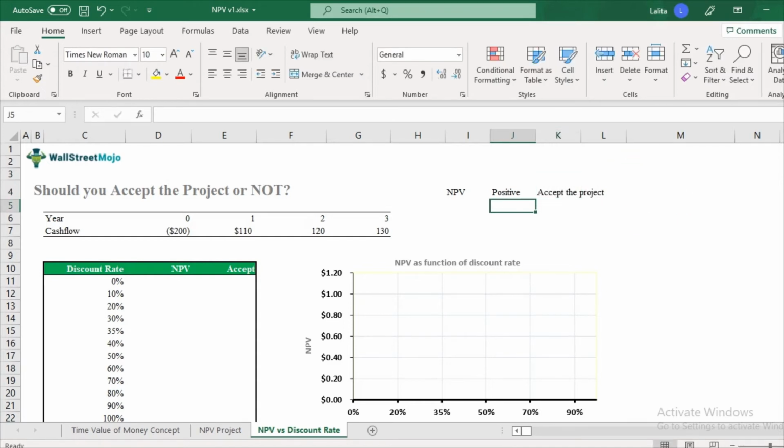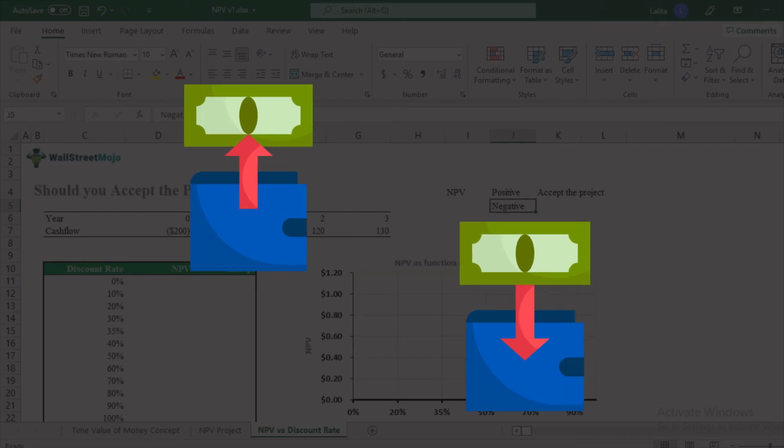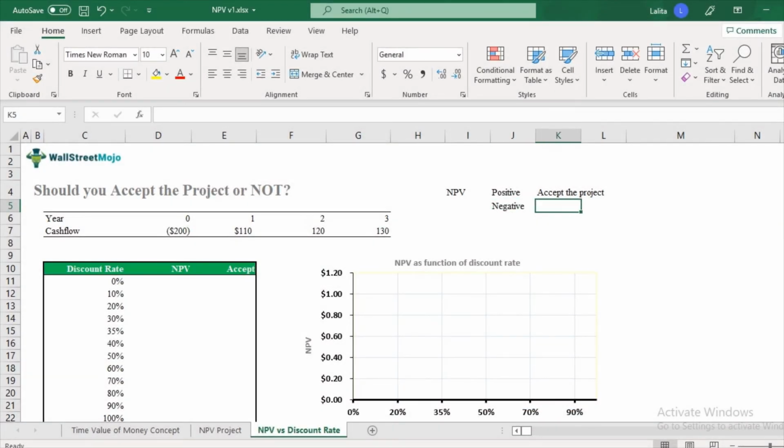On the other hand, if it is negative, which means the present value of your expected cash inflows is less than your cash outflows, resulting in a negative NPV, this simply means a lose-lose situation. You shouldn't invest in the project and you should decline it. So that's how NPV works. A simple rule of thumb: positive, accept it; negative, decline it.